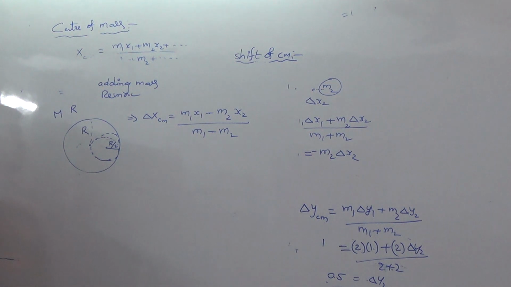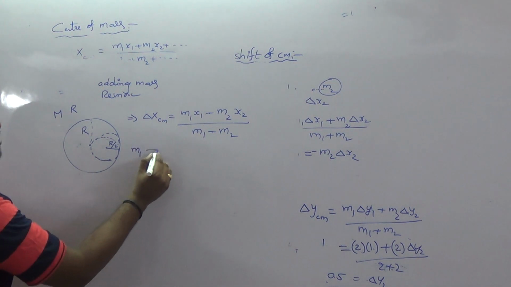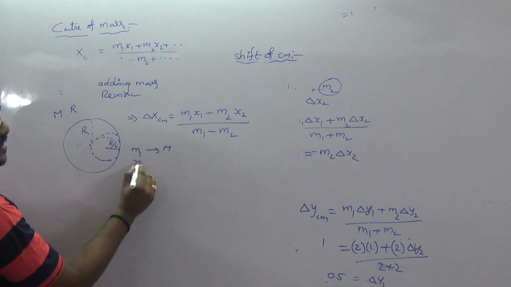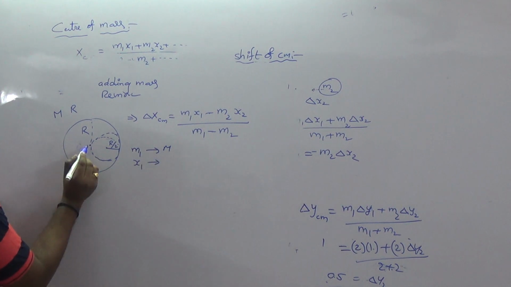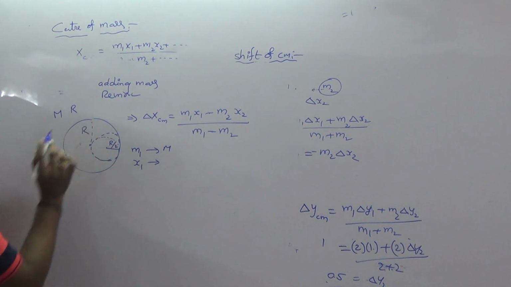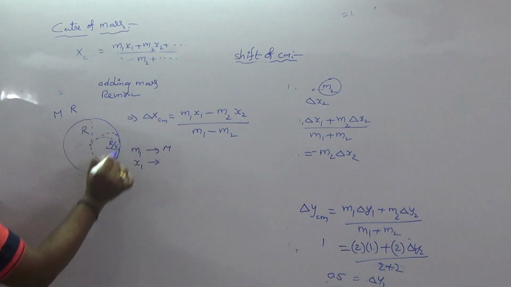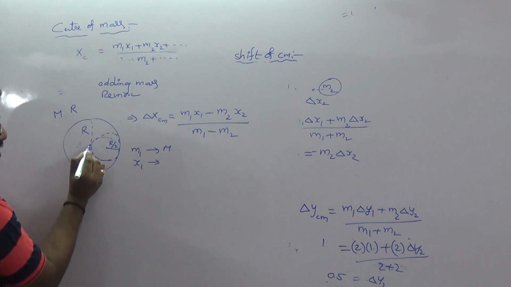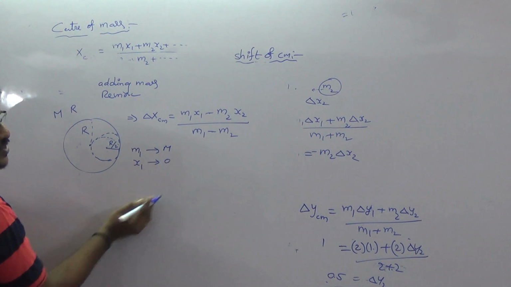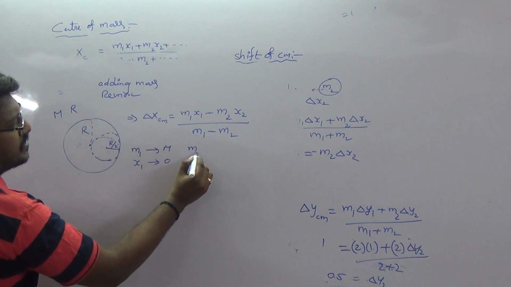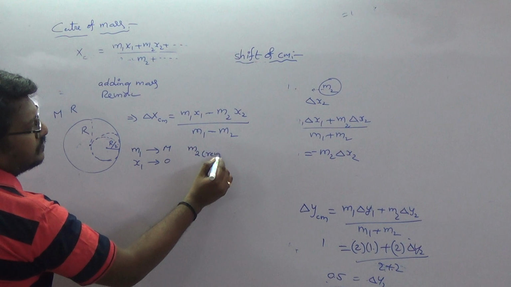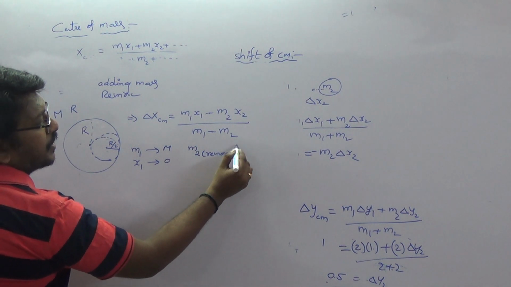Here m1 is the initial mass, x1 is the position of the center of mass of the first body. This is the second body, this is the first body, so that is exactly at this position 0. Here m2 is the removed mass.